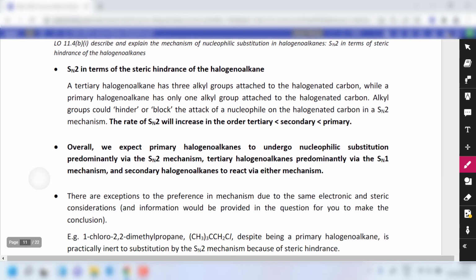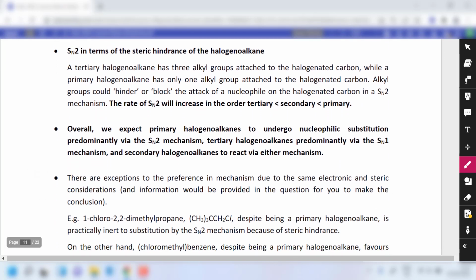Okay, then as I highlighted earlier on, at the very beginning I mentioned that because SN2 involves the nucleophile approaching the substrate from the rear of the C-halogen bond, if the rear is directly hindered, like for example in the case of a tertiary halogenoalkane with 3 alkyl groups, then your nucleophile will experience electronic repulsion with the alkyl groups.